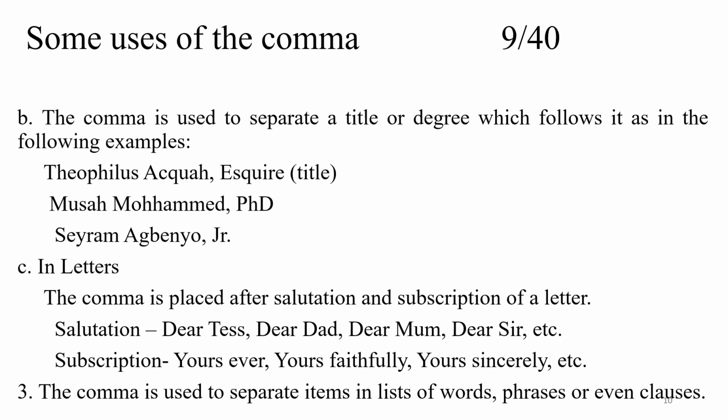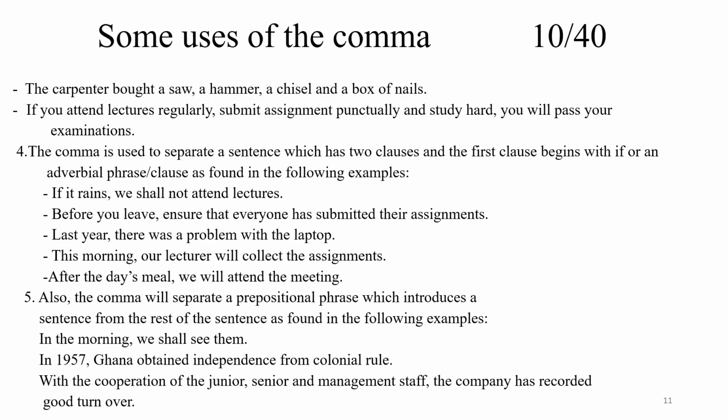The comma is also used to separate items in a list of words, phrases, or clauses. Look at how we have used the comma in this sentence: The carpenter bought a saw, a hammer, a chisel. You see, the comma is separating the list of words there, except when you get to the last word, you don't put a comma there. Where the end is, there is no comma.